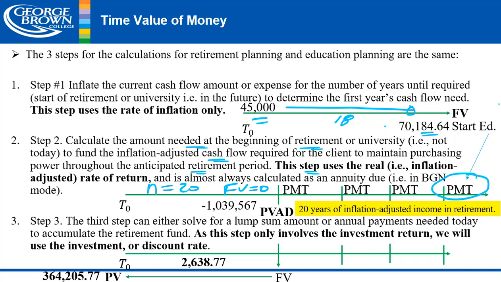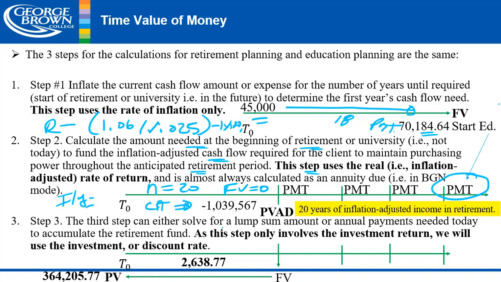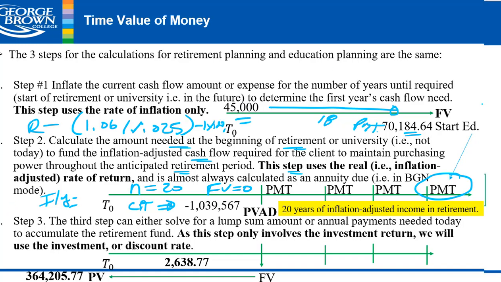Payment is going to be $70,184.64, and then we're going to compute for the present value, and the interest rate is going to be 1.06 divided by 1.025. We're going to use the real rate, 1.06 nominal rate divided by inflation, 1.025, minus 1, times 100, okay? That's step number 2 that we're heading into right now.